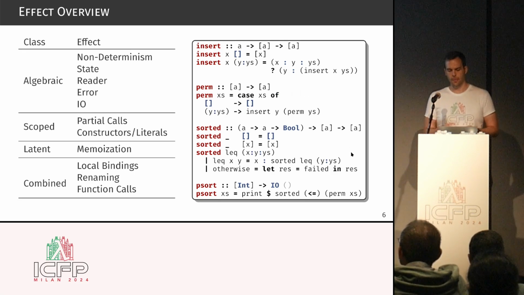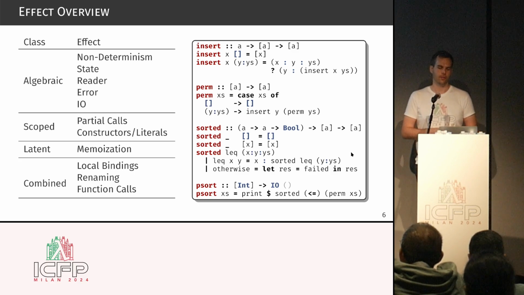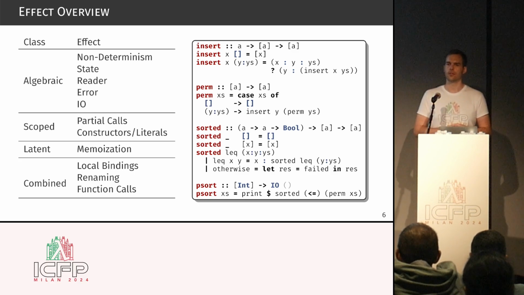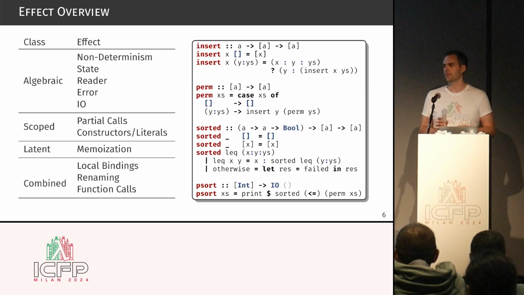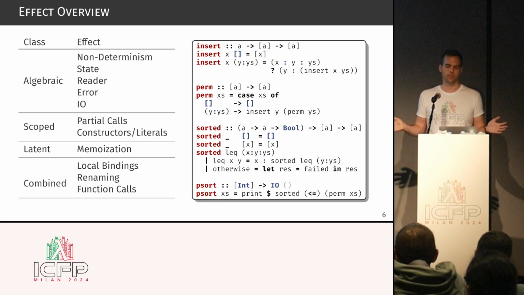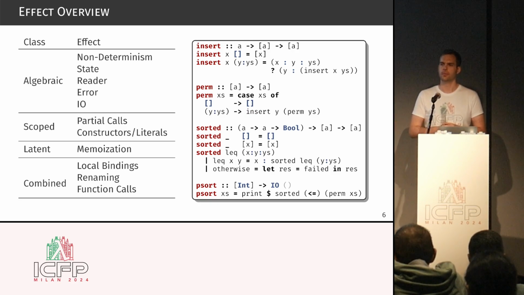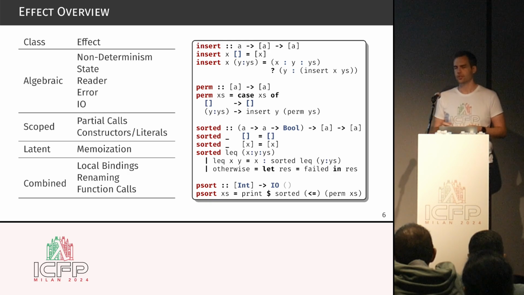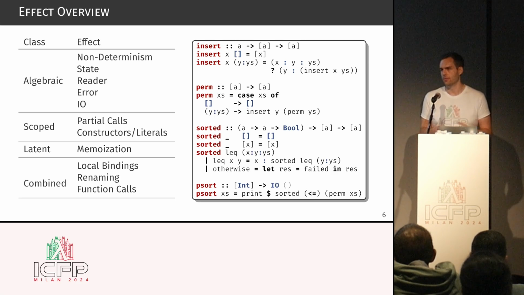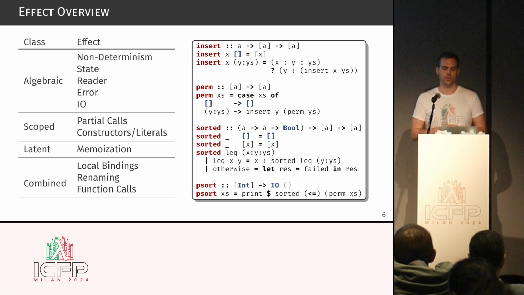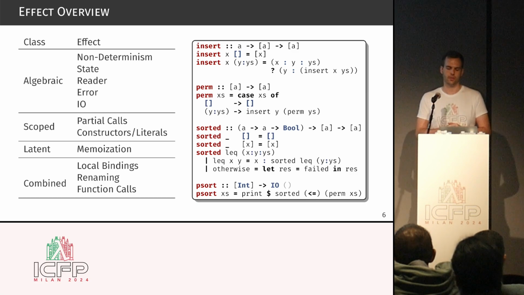So if you are curious about what this program does, this is the permutation sort algorithm. So the idea is when you want to sort a list, you just generate all permutations of the list non-deterministically, and then you just check all those permutations whether it's sorted. Because clearly, if you are going to generate all permutations, one of them has to be sorted, right?